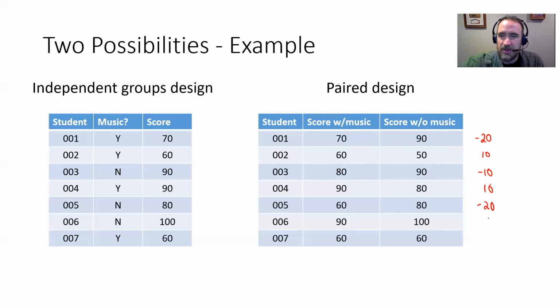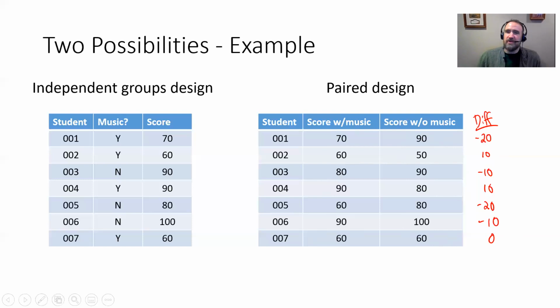Am I going to see some kind of consistent difference happening, or am I going to see things all over the place? If I see, for example, all positive numbers coming out, that means they're doing better with music. Or if I see a lot of negatives coming out, maybe they're doing better without music. And we can take this difference value and we can analyze that.